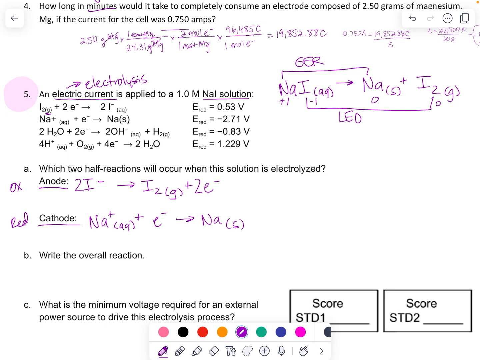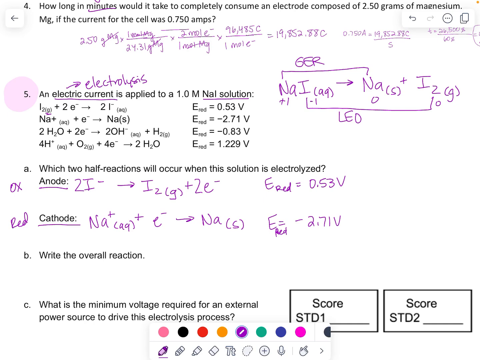Okay, so for this iodine, my E reduction is 0.53 volts. And for the cathode, the Na plus is, and I'm going to keep this as a reduction, negative 2.71 volts.